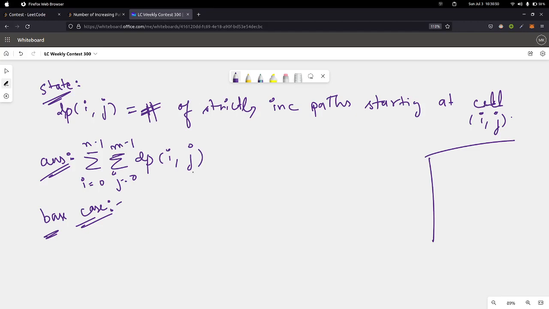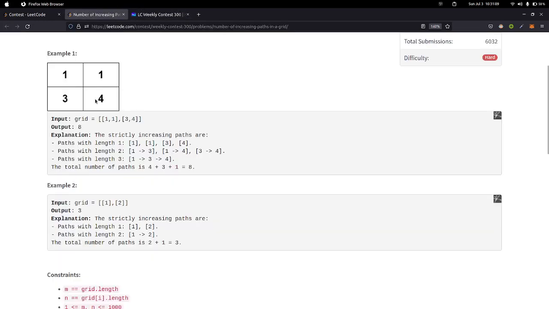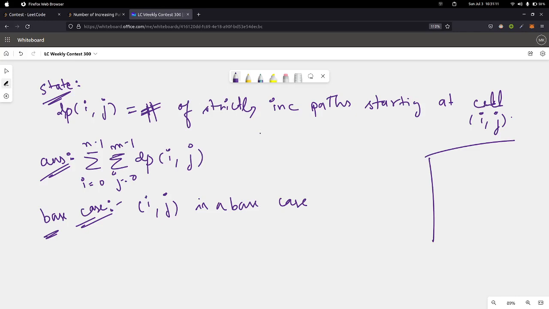So any particular grid cell I, j is a base case if all the surrounding cells of I, j have strictly smaller values than the current cell I, j.